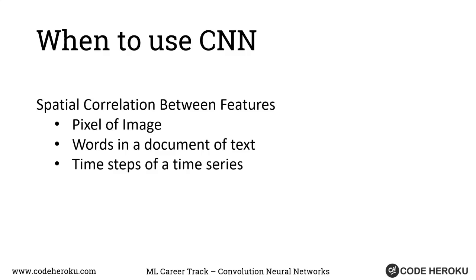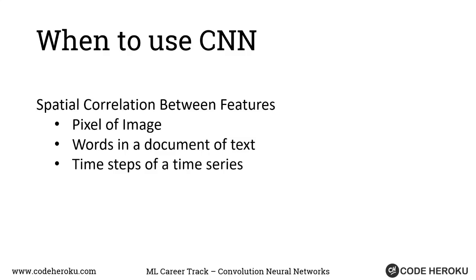And also, whenever you are dealing with time series data, it is often the case that subsequent timestamps are correlated with each other. When things occur in a pattern over a series of time steps, you might want to try it out with a convolutional neural network.